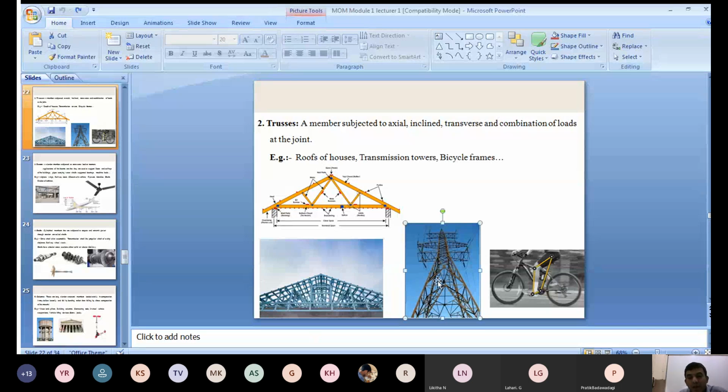They use high transmission towers. Then if you go for the bicycle frame also, the frame, the body of the bicycle, comes under frames actually. The frames are almost similar to trusses. Again, you can see this in the images I am highlighting here.